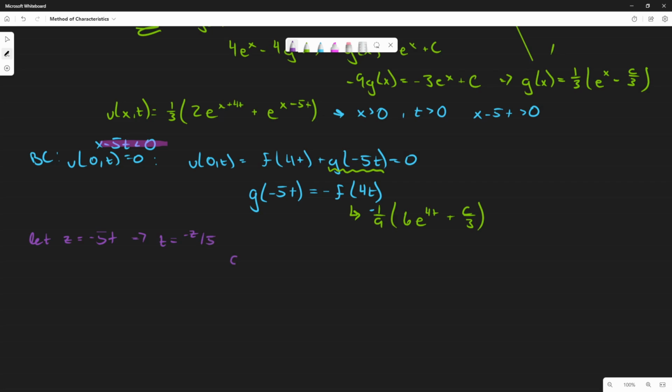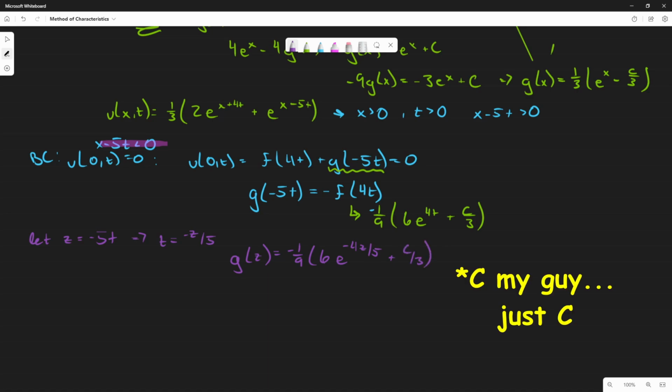And so we get g of z is going to be equal to negative 1/9 times 6e raised to the negative 4z over 5, because we're substituting t, plus c over 3. And this will be true when z is negative.